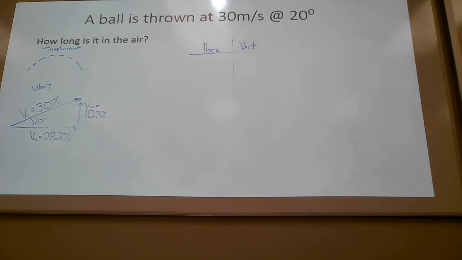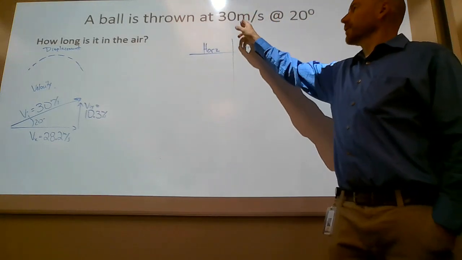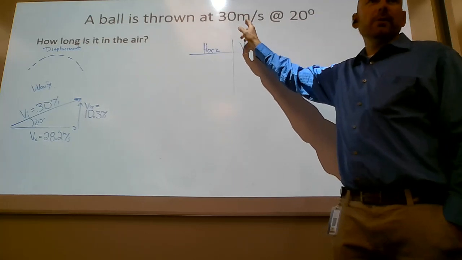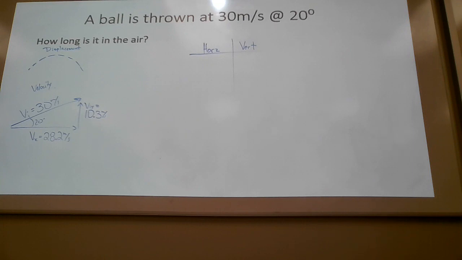So while you're doing this, I have a follow-up question. Which side, horizontal or vertical, does the 30 meters a second go in? Is that going purely in the horizontal direction? Is that going purely in the vertical direction?